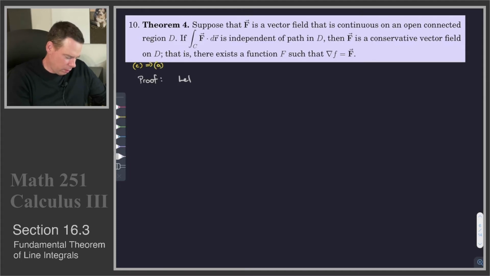And so we'll start with letting our vector field be P(x,y) i hat plus Q(x,y) j hat.